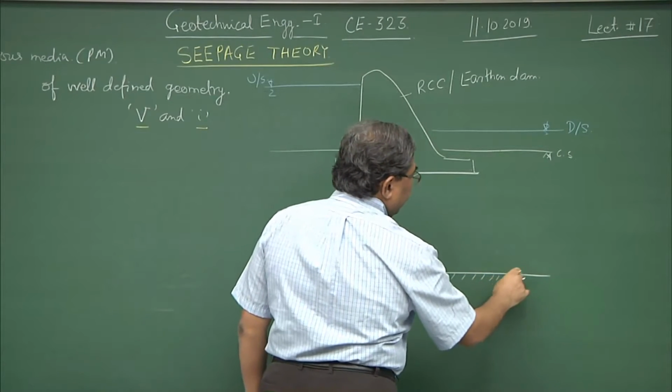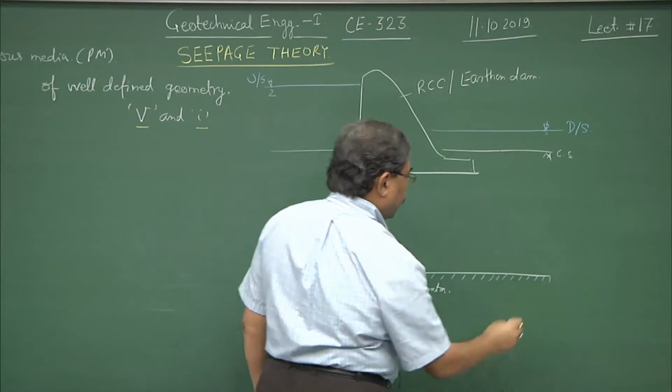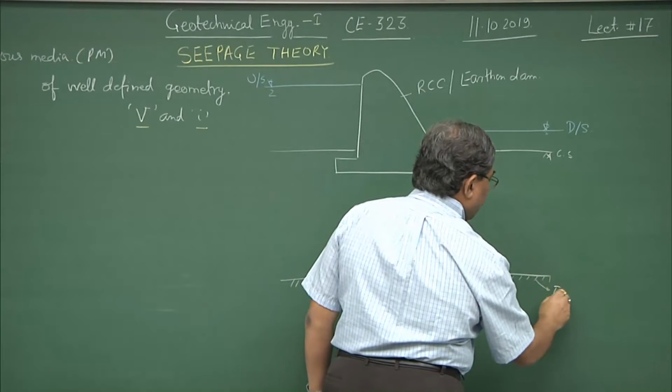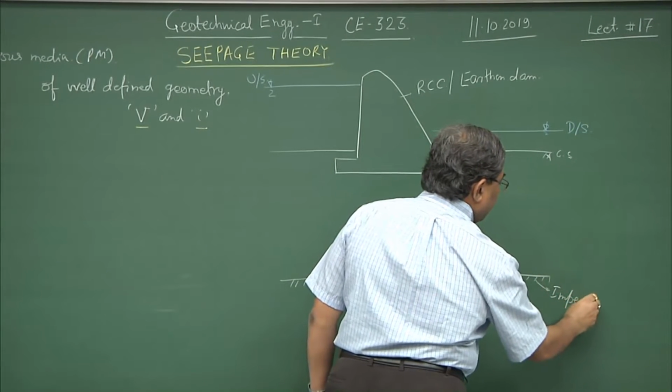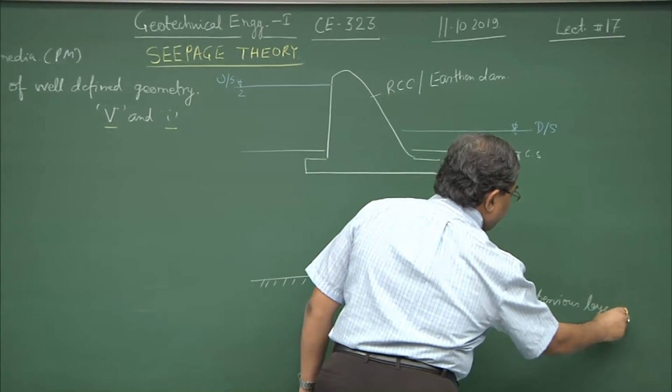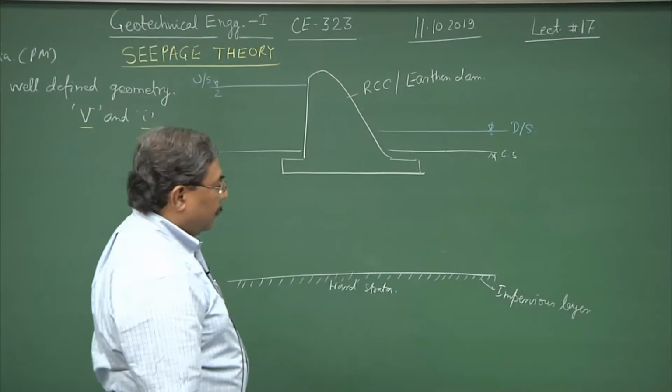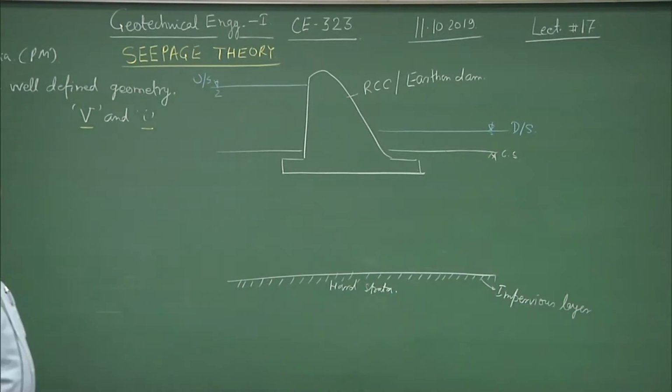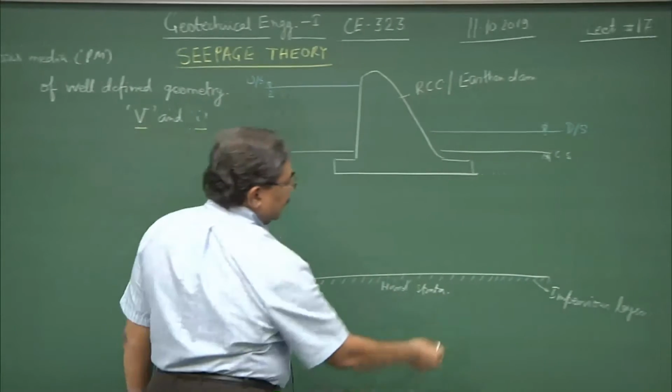This is how we define the impervious layer. That means there is no flow which is going to take place across this line.